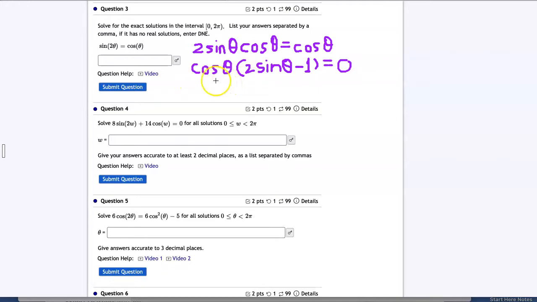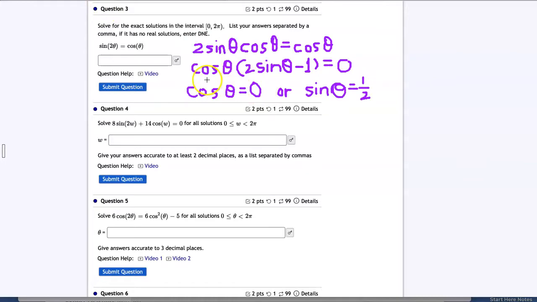So then you have 2 separate factors, and each one can individually be set equal to 0. And then, of course, we don't have the problem with 2 different trig functions within the same factor. So when you set cosine of theta equal to 0, you'll get one solution. Set 2 sine theta minus 1 equal to 0, you'll get another solution.